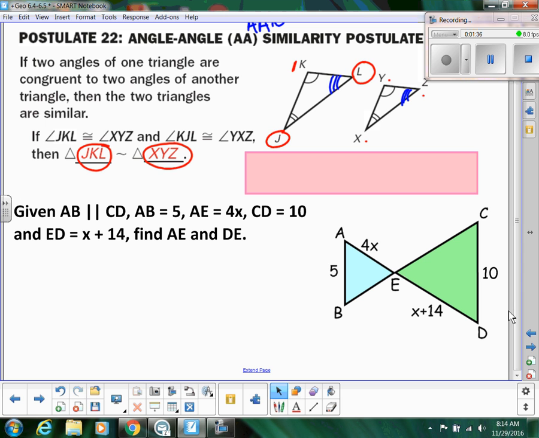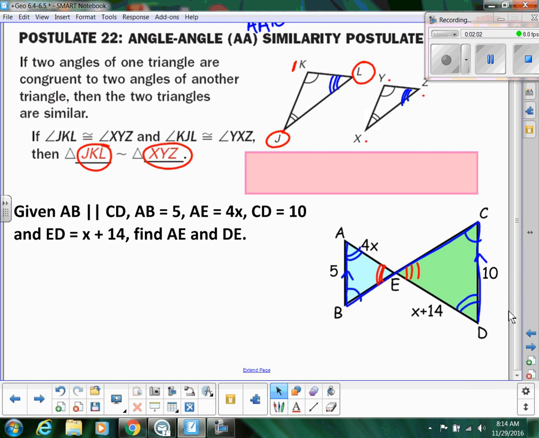In this one, we're given AB is parallel to CD. Remember, parallel lines should tell us angles. Here's my Z shape, my alternate interior angles, so C is congruent to B, and A is congruent to D. Of course, we would also know that this third angle is congruent, since they're vertical angles as well.